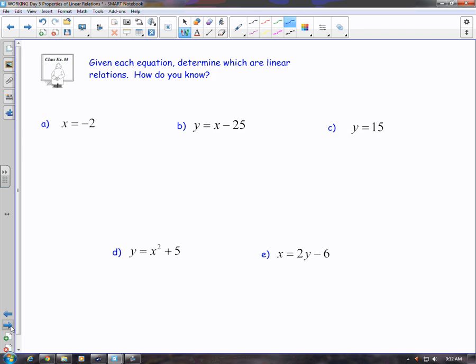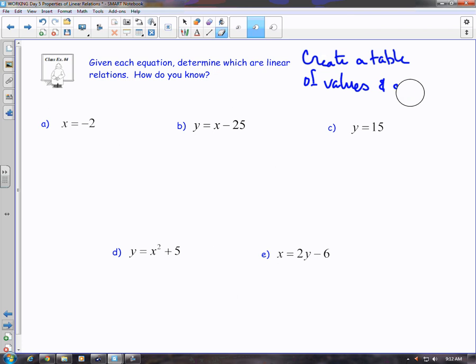Given each equation, how can you tell which ones are linear? Well, one thing that you could do is create a table of values. And then compare. Okay, so create a table of values and compare.